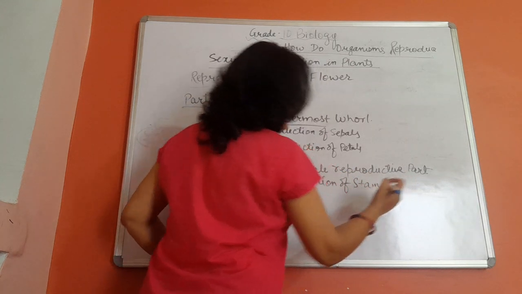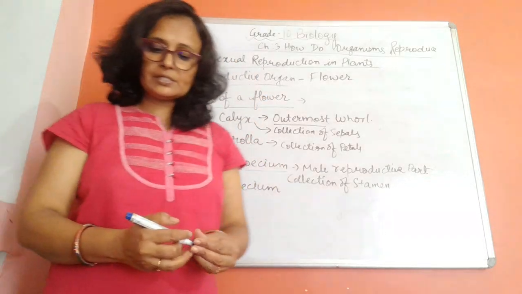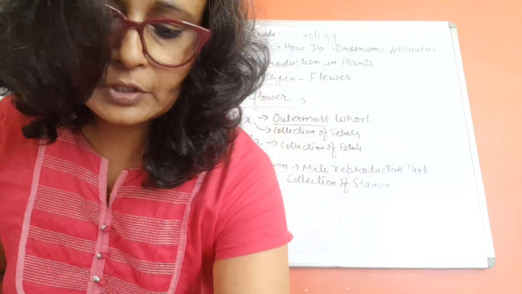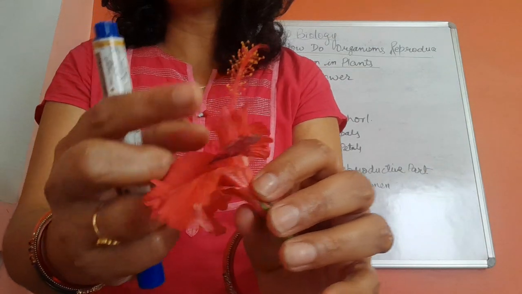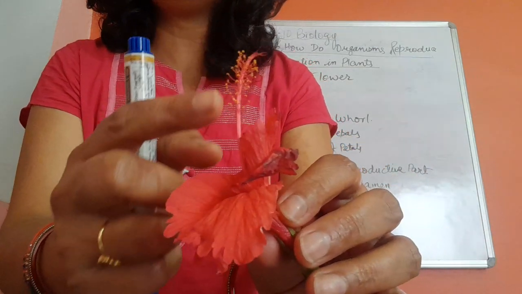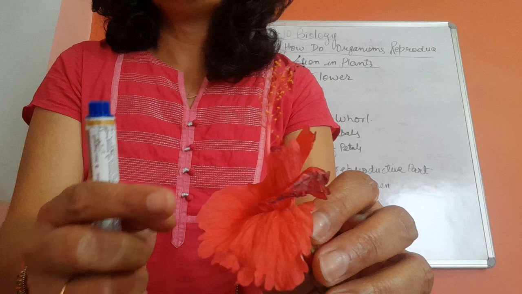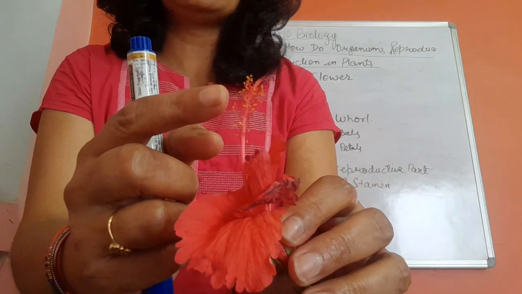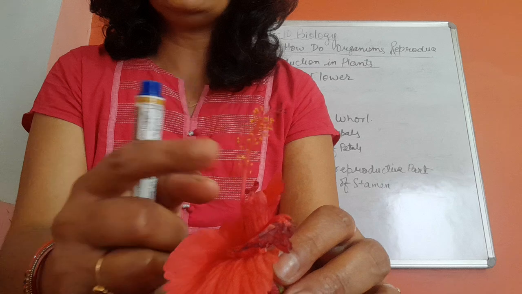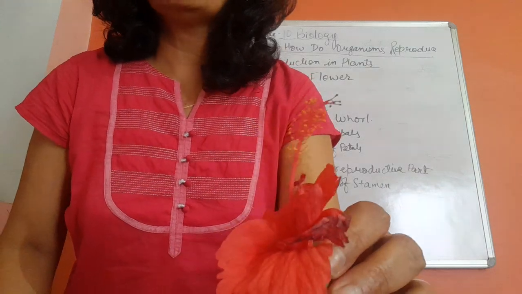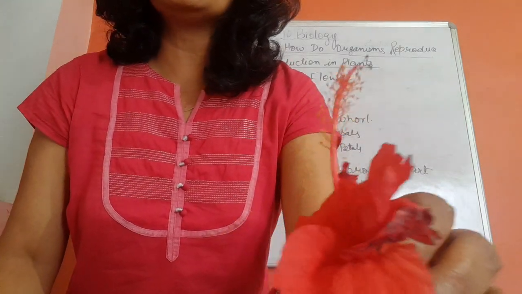That means again more than one stamen is there. So here, as you can see, this yellow part with a stalk. This is stamen. There are so many stamens in this flower, and collectively all stamen is called androecium. Collection of stamen is called androecium.